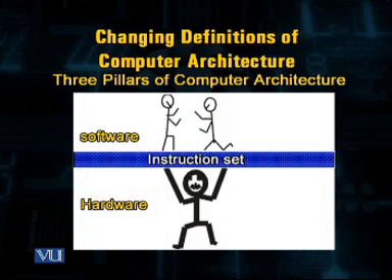Hardware deals with those parts of the computing system which have the physical design of the system, whereas the software deals with the basic features of the programs which are being used to run a particular application. However, in the design of both the computer hardware and the software, the role of the instruction set architecture is pivotal.